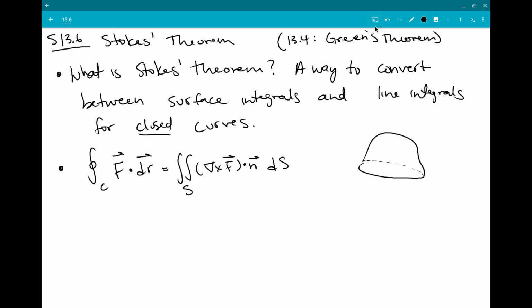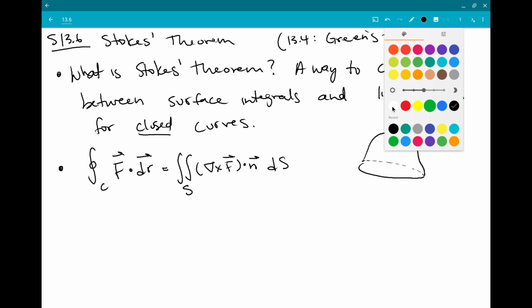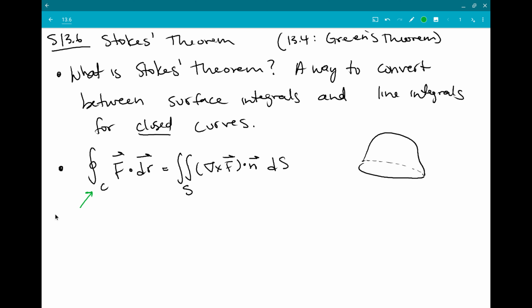With Stokes theorem, you assume that you're looking at a closed curve. Here's an example of a closed curve. It has no holes in it, and it starts and ends in the same place. I'm going to orient it this way.